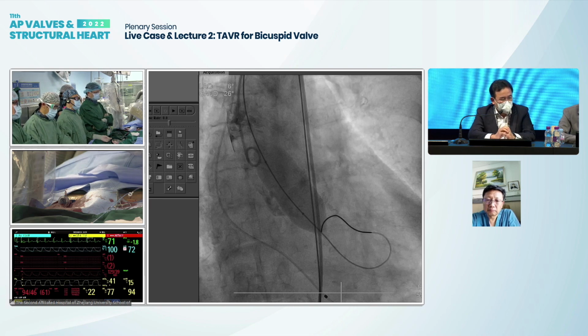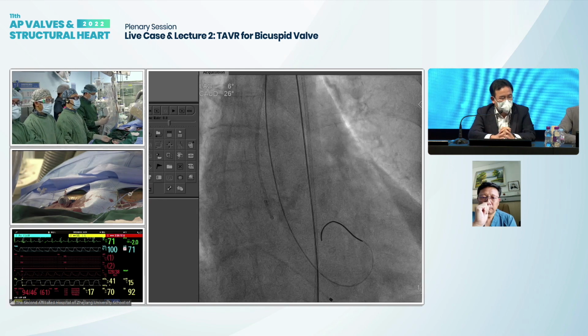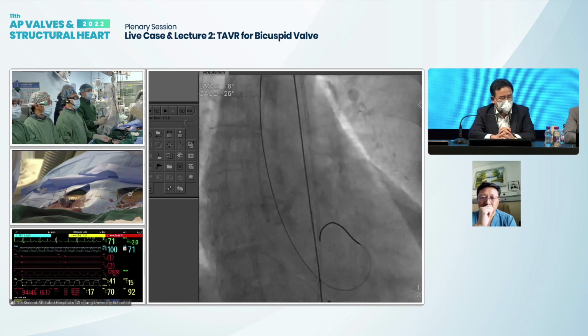The second question: after the balloon angioplasty, the calcium was broken and the calcified valve may be directed to the left coronary ostium. Is there any risk of left coronary obstruction with this kind of valve?